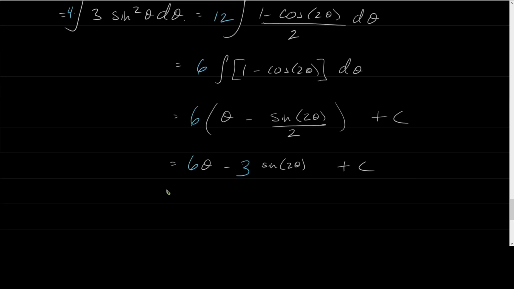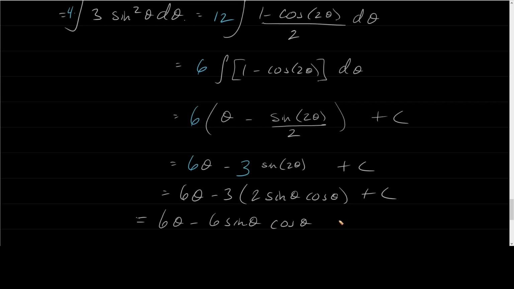From the double angle formulas for sine, 2 theta is 2 sine theta cosine theta. So at this point we get 6 theta minus 6 sine theta cosine theta plus c.